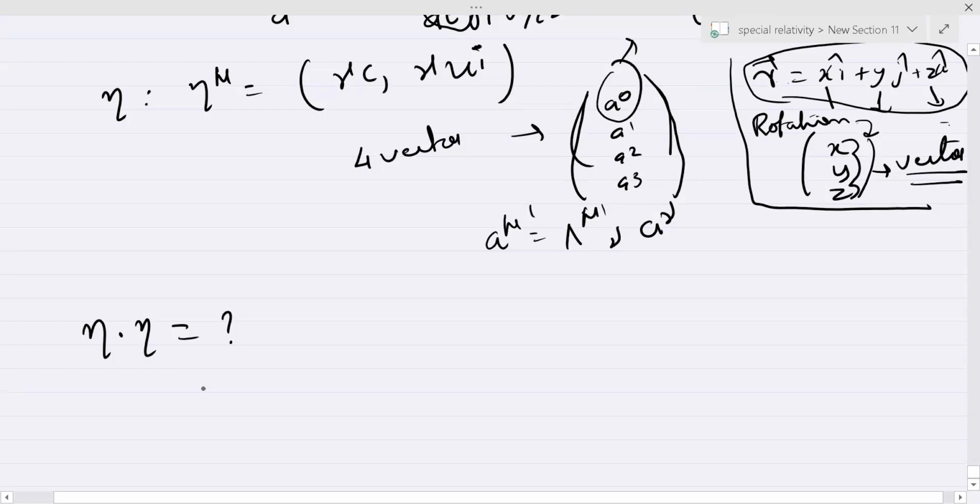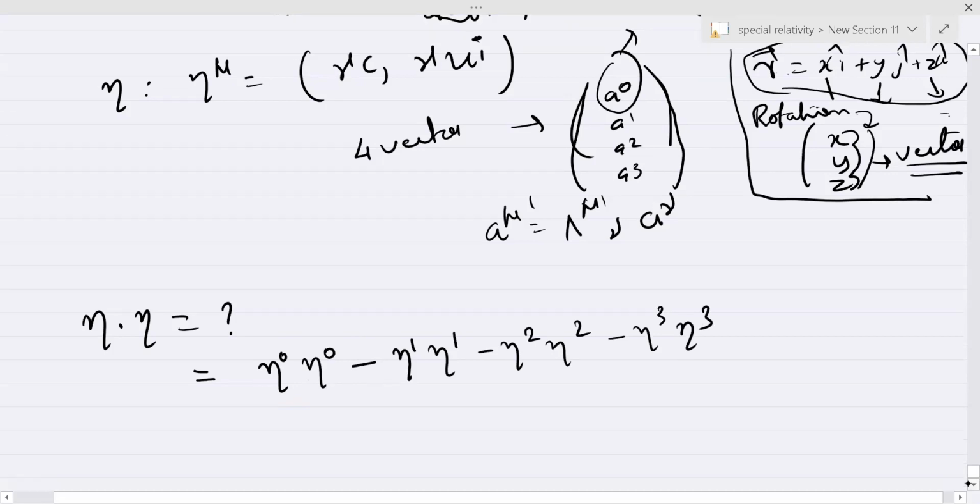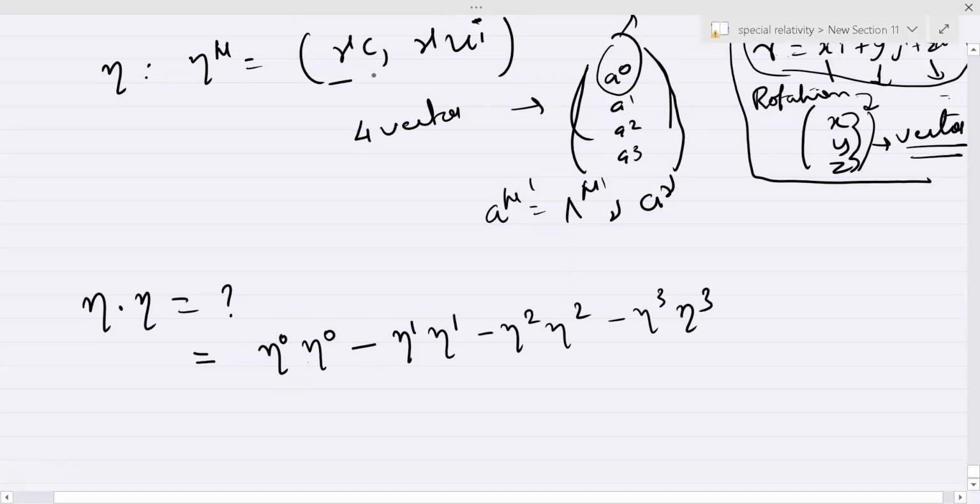We know that the scalar product is defined like this: eta 0 squared, minus, there's a minus between the time part and the space part, eta 1 squared minus eta 2 squared minus eta 3 squared. So eta 0 is this gamma c.